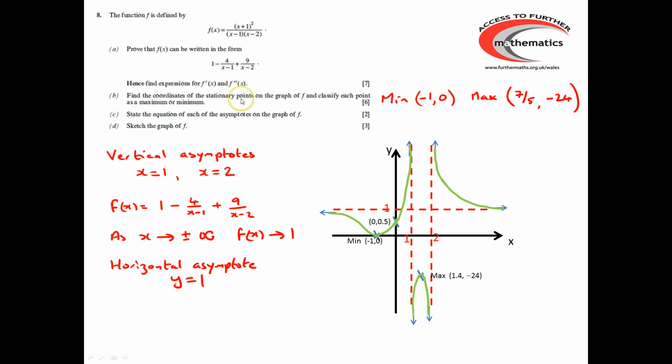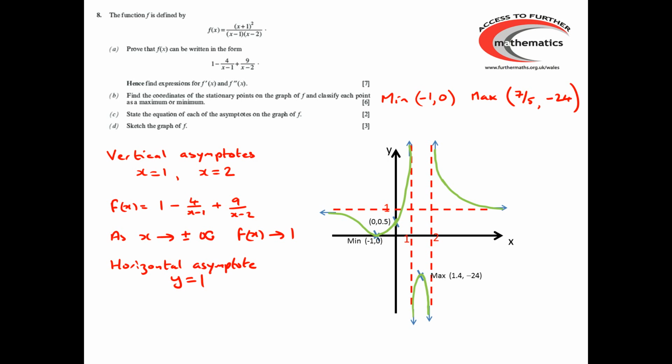For the stationary points, there are 2 marks for obtaining the equation f dash x equals 0, and then 2 marks for finding the first stationary point and classifying it, and another 2 marks for finding the second stationary point and classifying it. 2 answer marks for the asymptotes, and then the sketch graph gave us 3 marks at the end of the question.